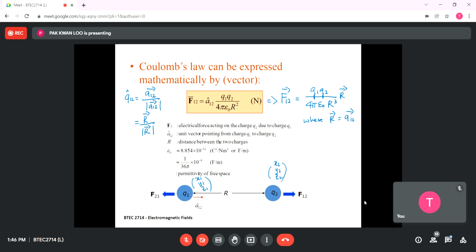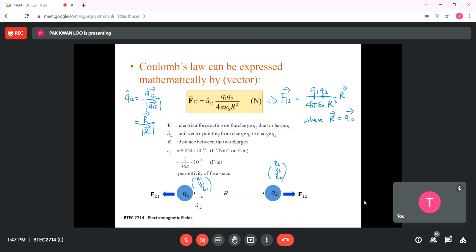Normally I will put the magnitude as a modulus, and inside the modulus is the vector symbol. That represents the magnitude.